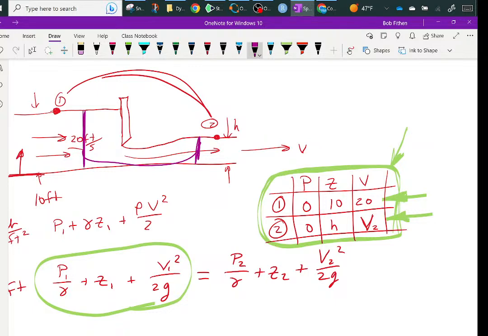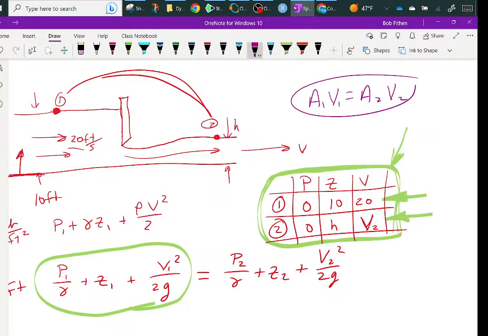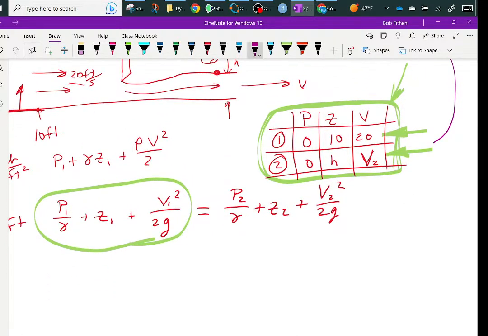So, let's see, was that it? Yeah. In other words, A1 V1 is equal to A2 V2, and that gives me the second equation that I can fill in here. So let's take care of the Bernoulli's first. I'm taking everything out of 1 and putting it right there.